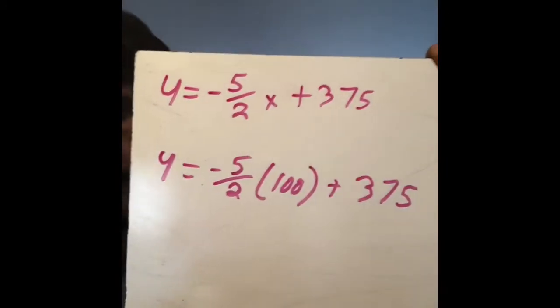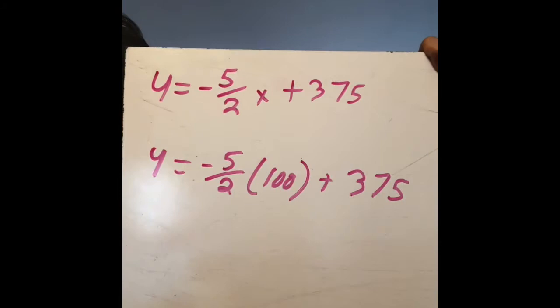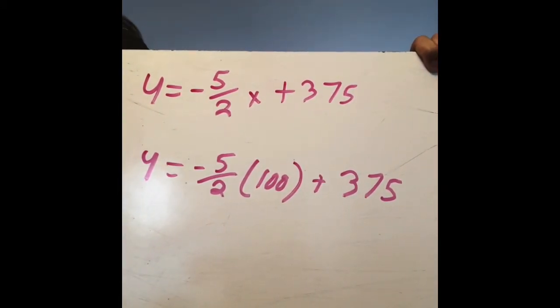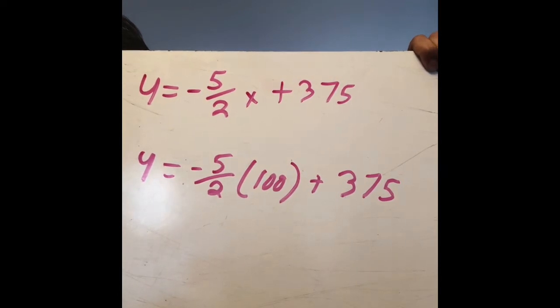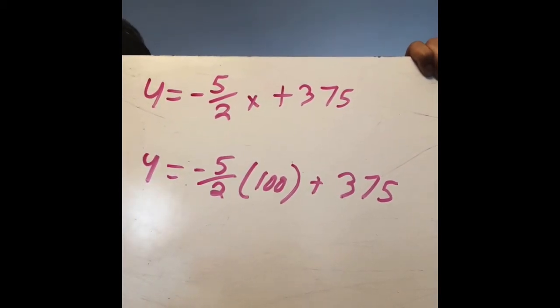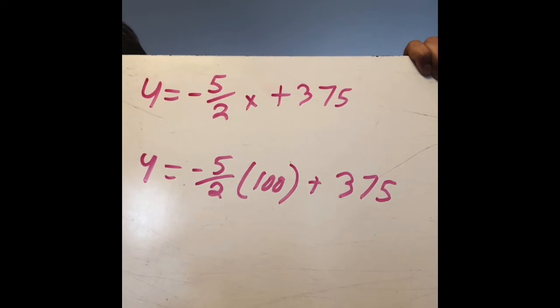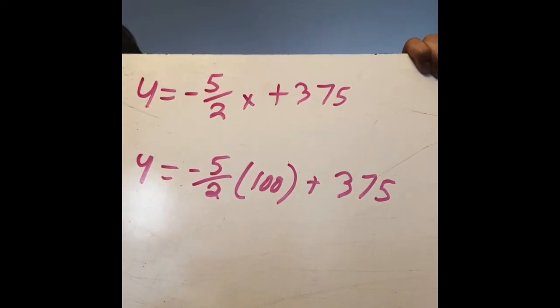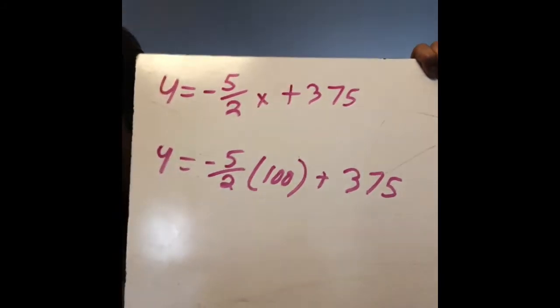So there is my equation, and we have negative 5/2 times 100 plus 375.